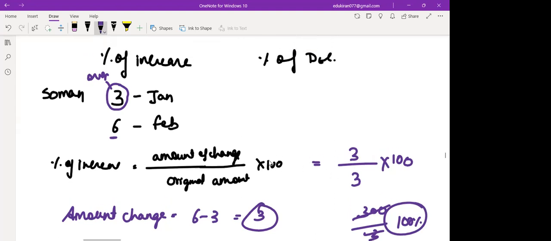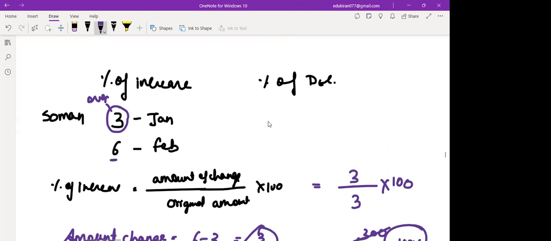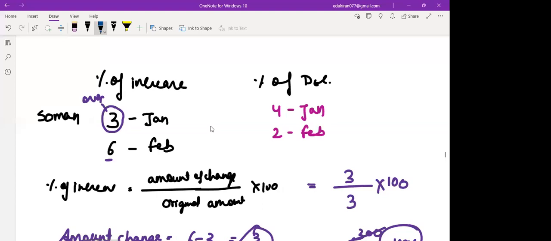Similarly, for decrease it is the same thing. For example, earlier in the month of January he scored 4 marks. Now, in the month of February, he scored 2 marks. So this is a decrease. How will you do it?